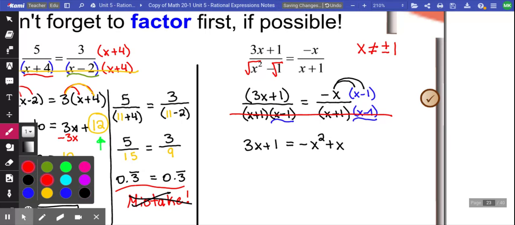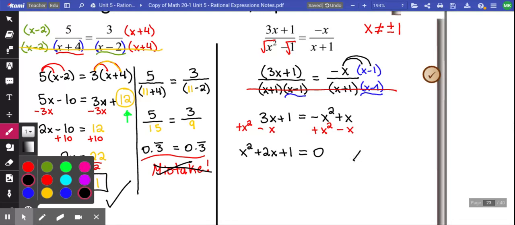This is a quadratic. To solve quadratics, I have to equal 0. I also want a positive a value, so I'm going to add x squared to both sides.